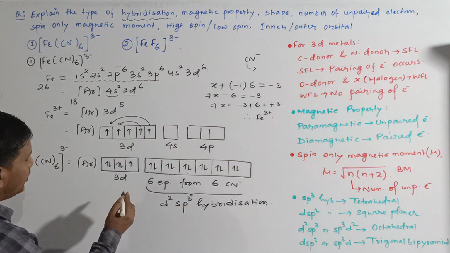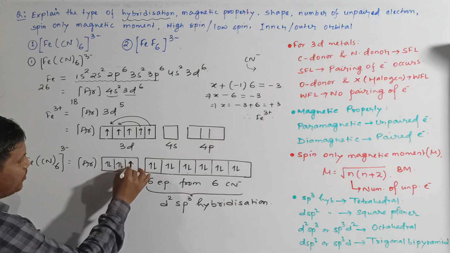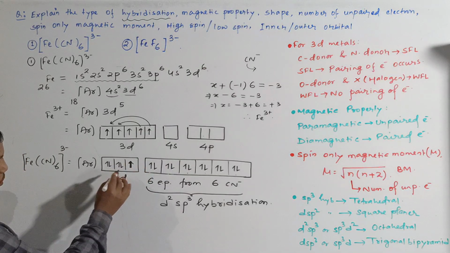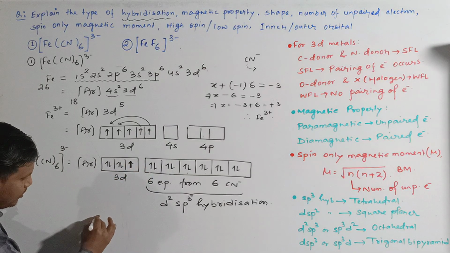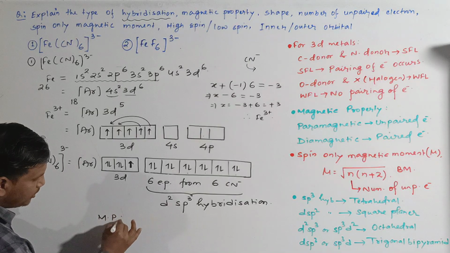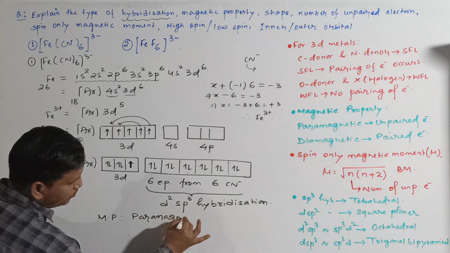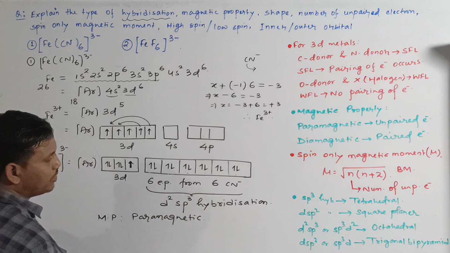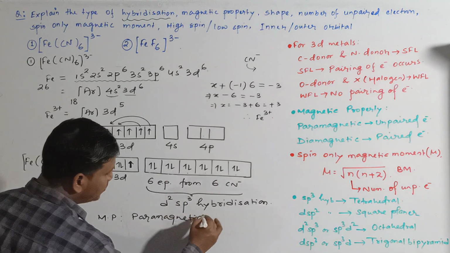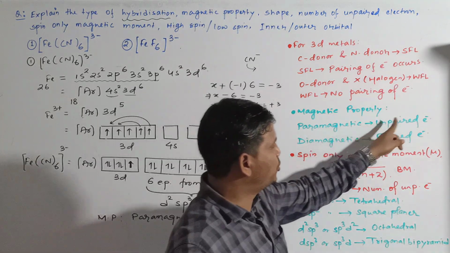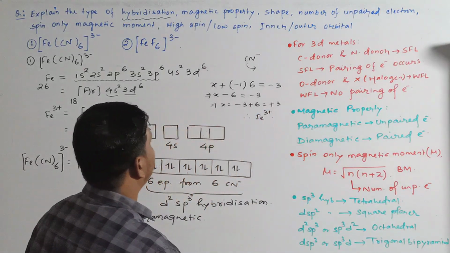So here we are seeing that one unpaired electron is there. So due to the presence of this unpaired electron, the magnetic property will be paramagnetic. There is one unpaired electron.